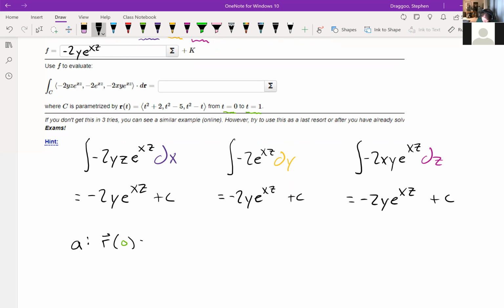So a will be r of 0, and it is the point 2, negative 5, 0. If we plug that into the curve that's provided, then b should be r of 1. And if I plug in 1 for t, I got 3, negative 4, 0.